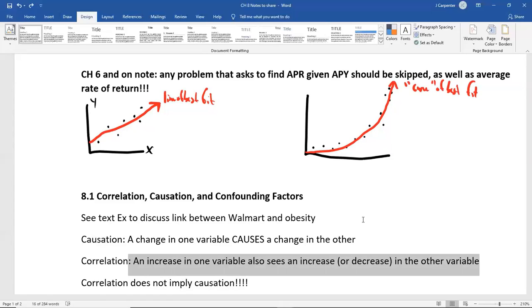So that's kind of related to being proportional or inversely proportional. Proportional means as one thing goes up, the other goes up. Inversely proportional means as one thing goes up, the other goes down. So correlation is two sets of things kind of obeying the same pattern, but not necessarily one thing is causing the other.